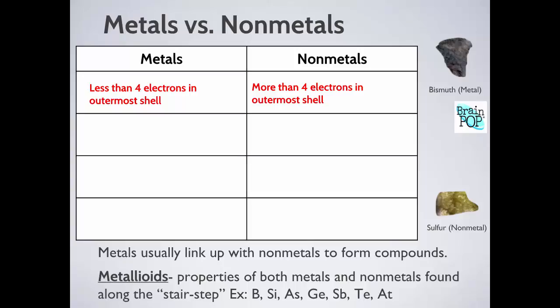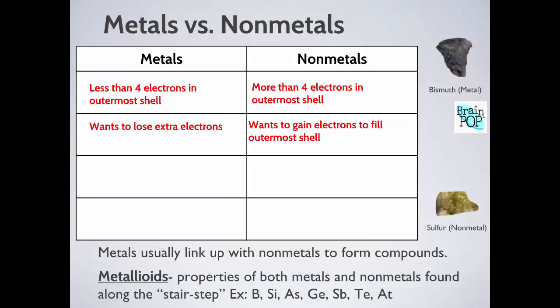So what do metals want to do with those electrons? Aiden? Give them away. Yeah, they're looking to lose those extra electrons. And what are nonmetals looking to do? Grace? Gain electrons to get up to 8. Is that why nonmetals and metals usually form compounds?